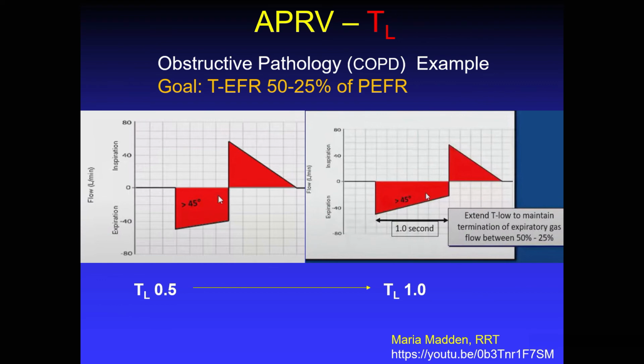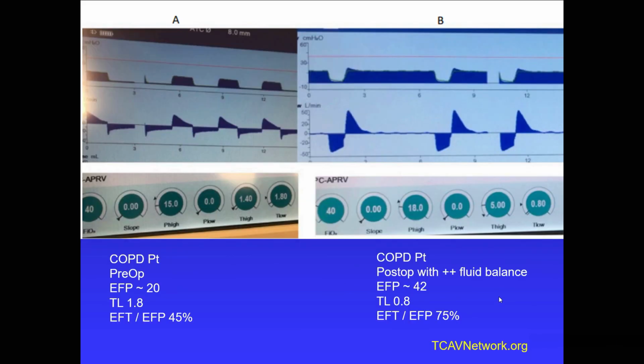So know the clinical situation, look at the waveforms, and know the patient's medical history to arrive at the appropriate setting of T low. And sometimes this can change as the patient situation changes, even in the same patient.